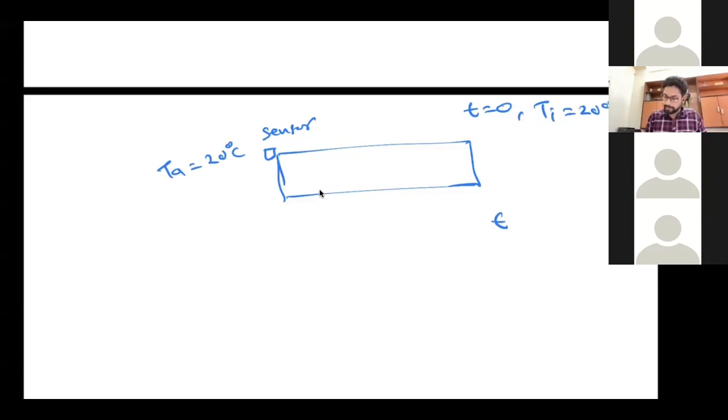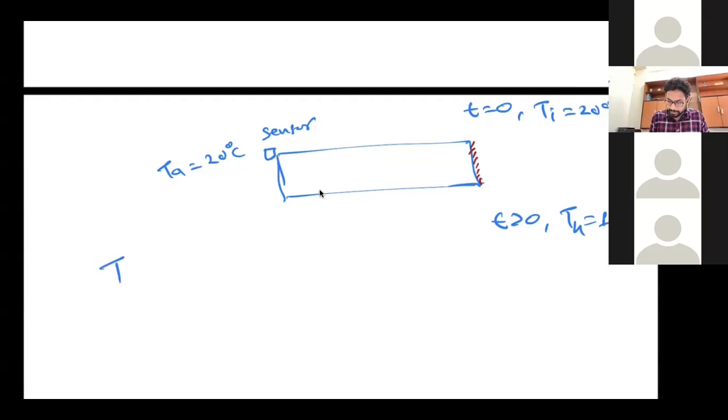But for t greater than 0, the temperature becomes 100 degrees Celsius on this side, and at time 0 or before it was 20 degrees Celsius, right?